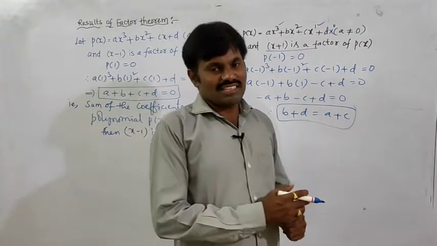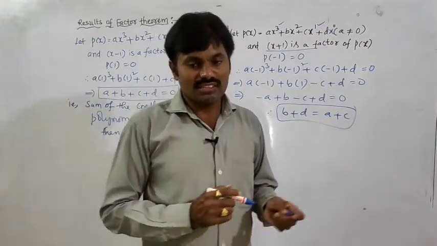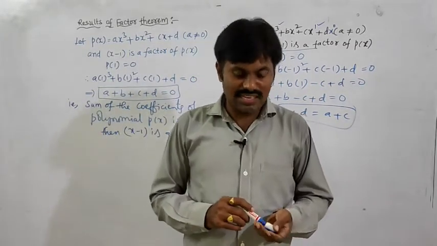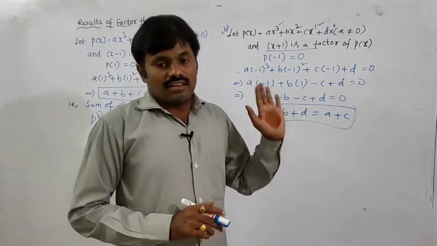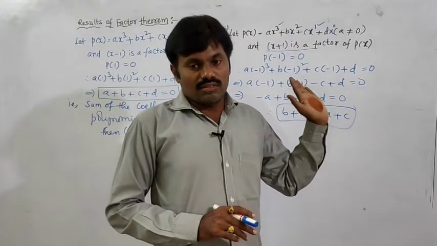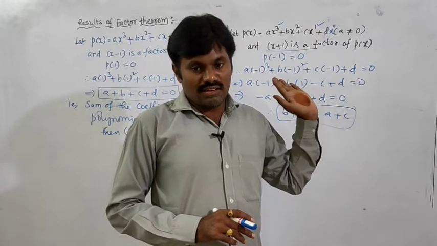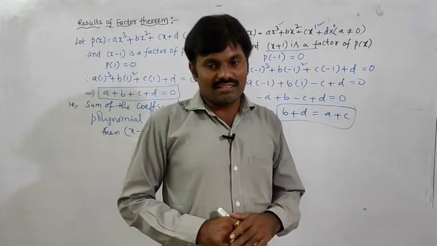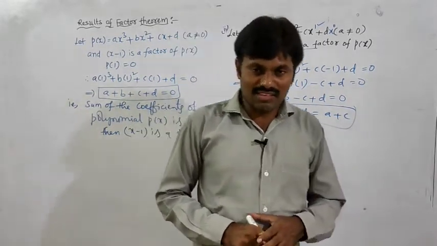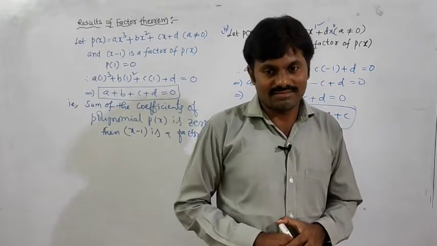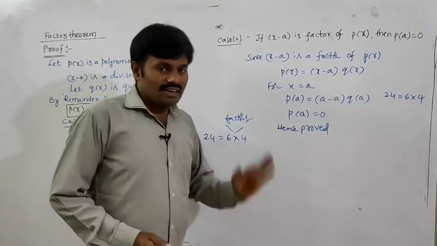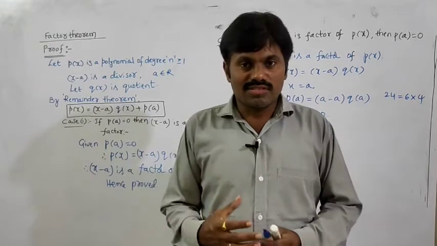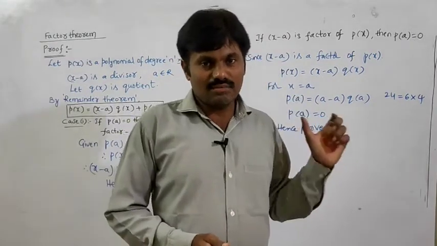So these two are the results of the factor theorem, and most important, it is a very easy way to decide whether a given polynomial has the given factor or not, particularly when x minus 1 or x plus 1 only is given. Is it clear?